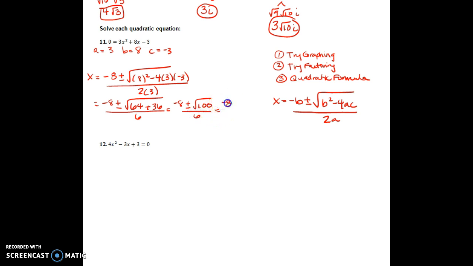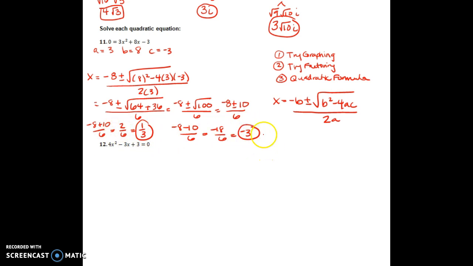So that's negative 8 plus or minus 10 over 6. Again, I'm not done. I need to separate that into my two solutions. So I have negative 8 plus 10 over 6, which is 2 over 6, or 1/3. And then I have negative 8 minus 10 over 6, which is negative 18 divided by 6, or negative 3.